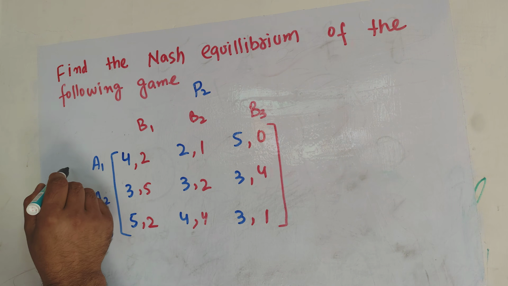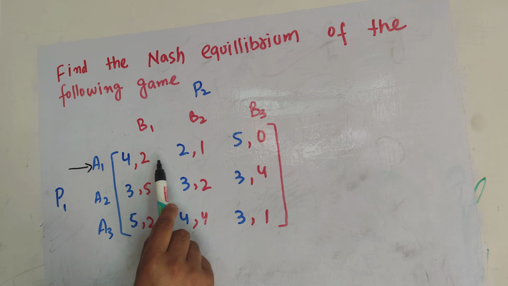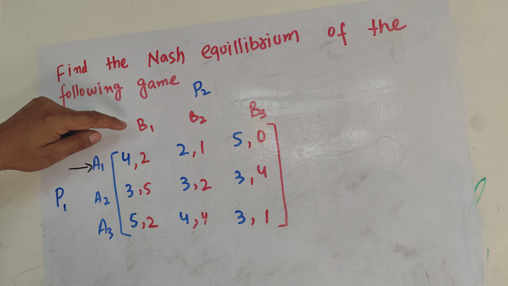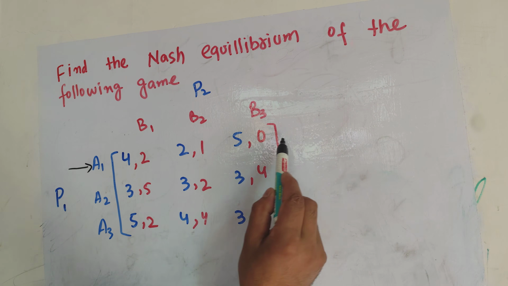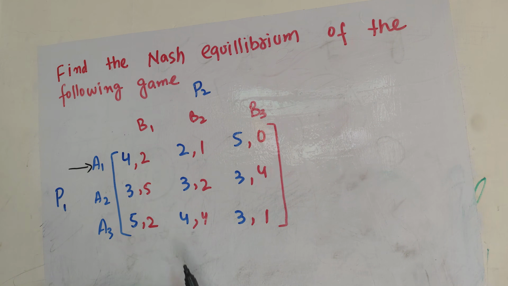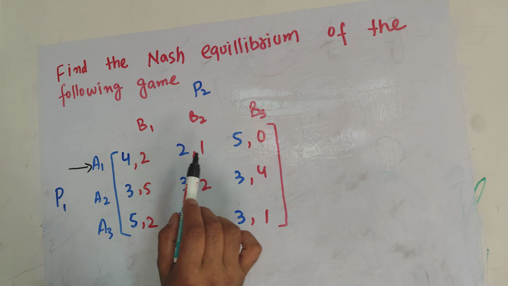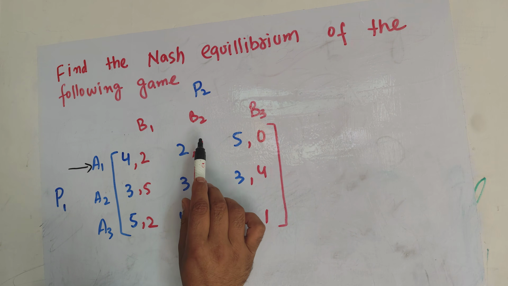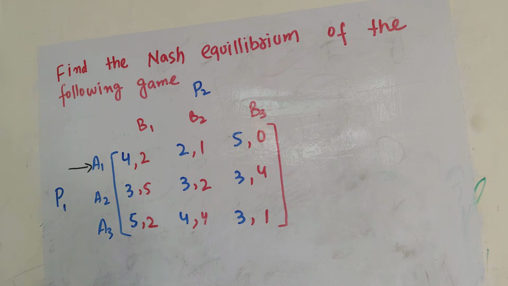Let us suppose player 1 chooses the strategy A1. Player 2 has three options, either to choose B1, B2 or B3. Player 2 will choose the strategy which will give him the highest payoff. He can choose B1, which gives him 2 as the payoff, B2, which gives him 1, and B3, which gives him 0.